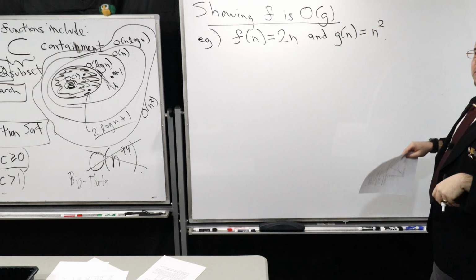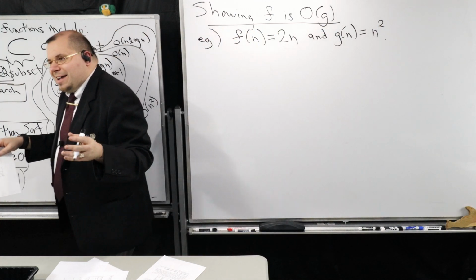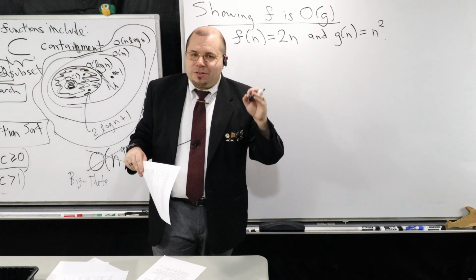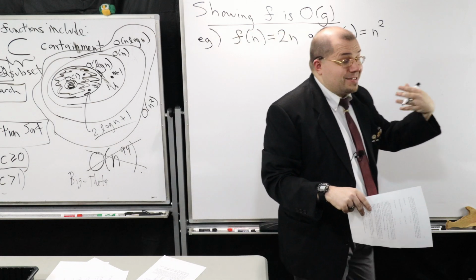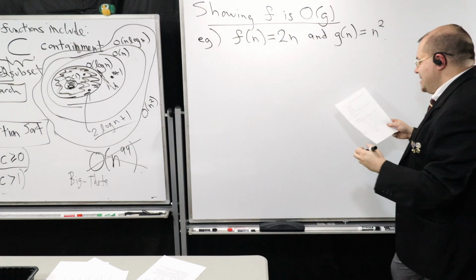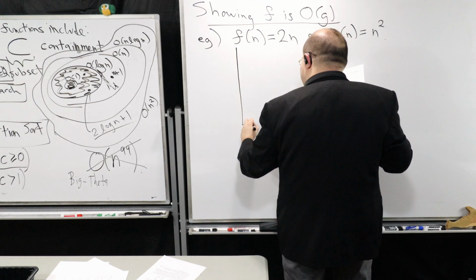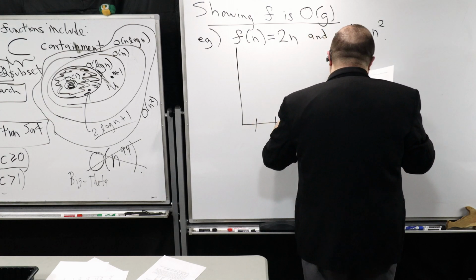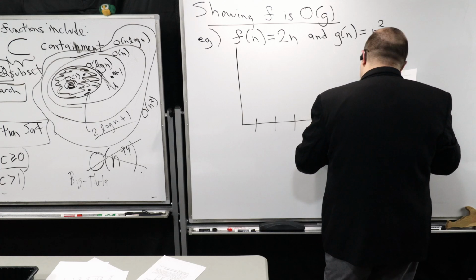First, I'm going to attempt to chart both of them out so we can get an idea of how both of these operate. I must stress that a picture like this is not a proof. I'm just using this to motivate what we're up to. So you get to enjoy the pleasure of me drawing a really bad picture. I'm going to plot out the two functions here.